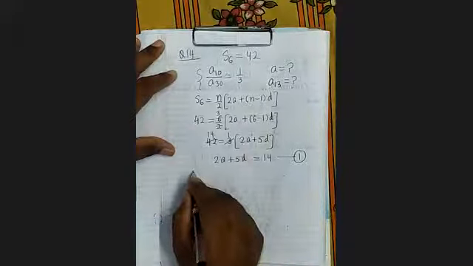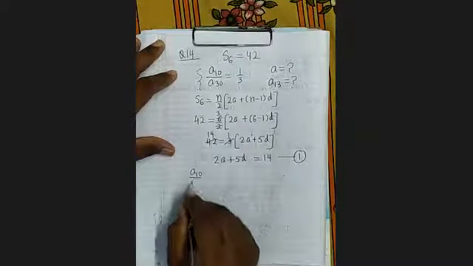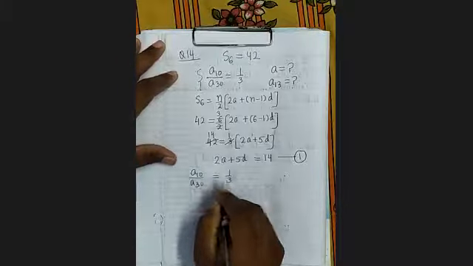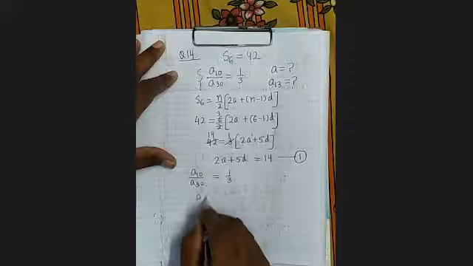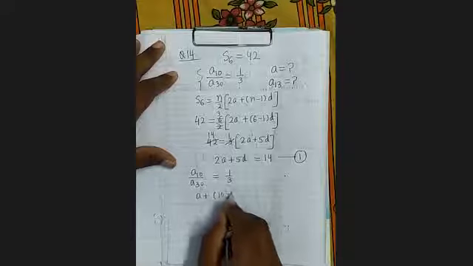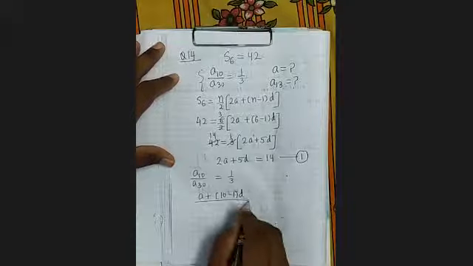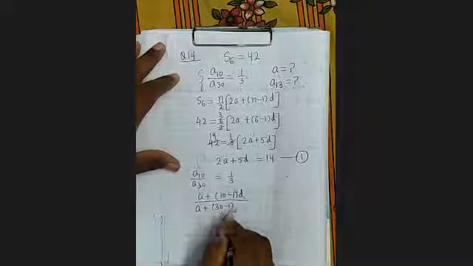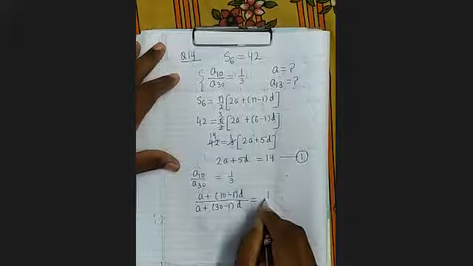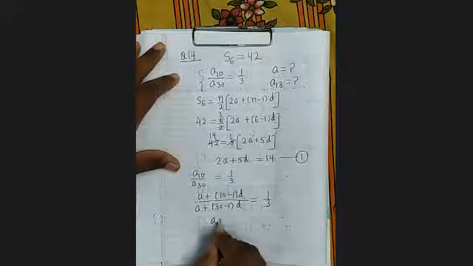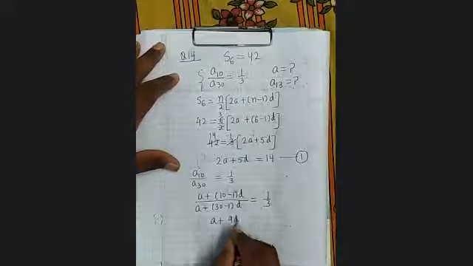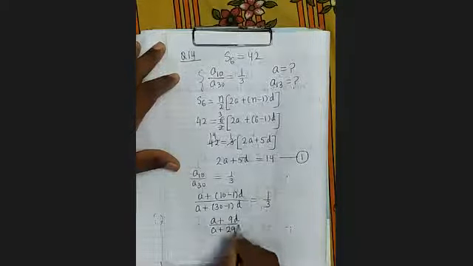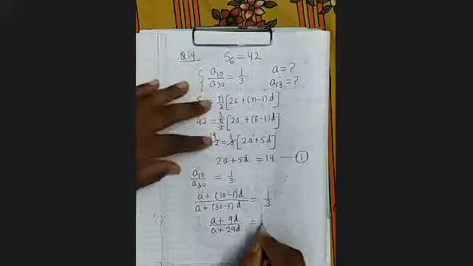Then from here you can get the second equation. A10 upon A30 is 1 upon 3. What is A10? A plus 9d upon A plus 30 minus 1 into d equals to 1 upon 3. So A plus 9d upon A plus 29d equals to 1 upon 3.